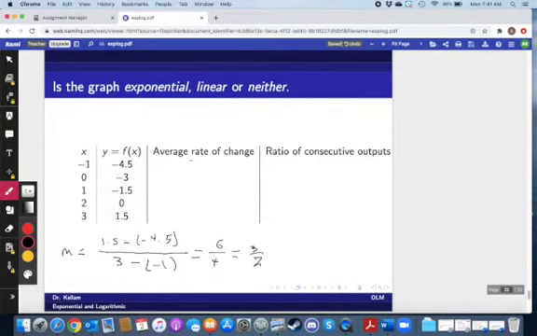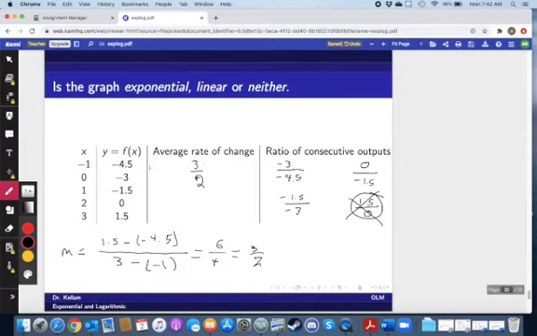Now, the ratio of consecutive terms, or ratio of consecutive outputs, that would be negative 3 divided by negative 4.5, or negative 1.5 divided by negative 3, or 0 divided by negative 1.5, or 1.5 divided by 0, which is a little obscene.